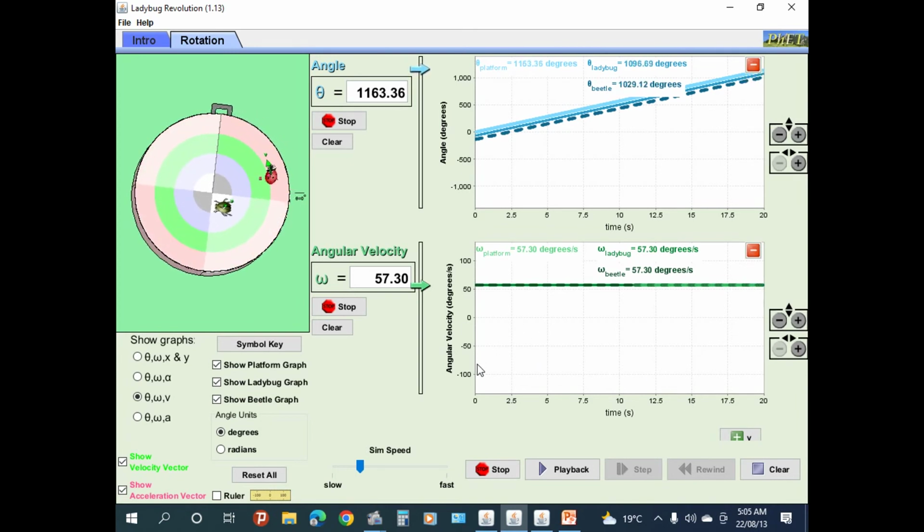That gives the angular velocity. The acceleration graph shows zero acceleration, so it is not accelerating. This is the graph for angular velocity.